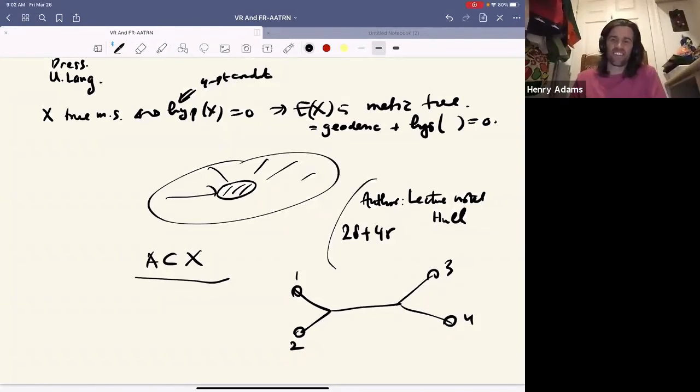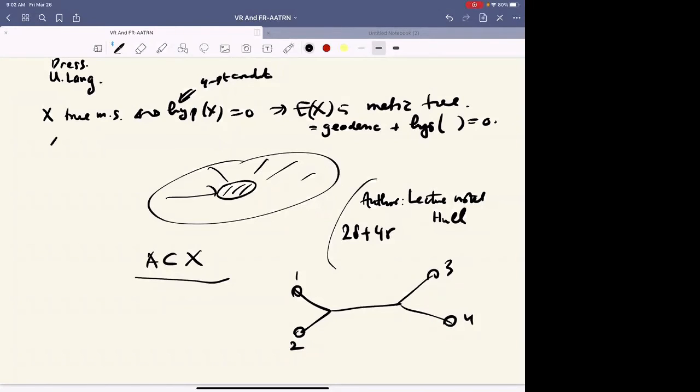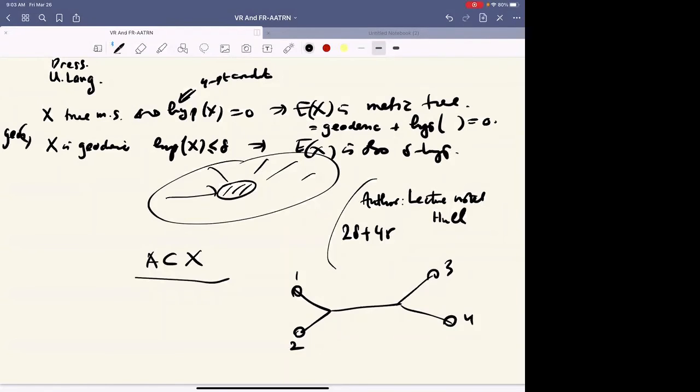The generalization of this is the following. If X is geodesic, and I think geodesic is necessary here, and hyperbolicity of X is bounded by delta, then the tight span is also delta hyperbolic. So it's a generalization. And I think the paper that I know is by Lang and Schroeder.